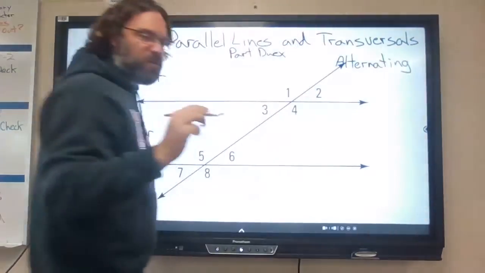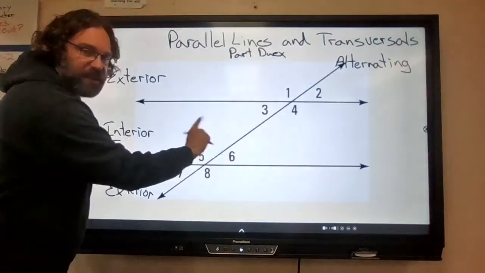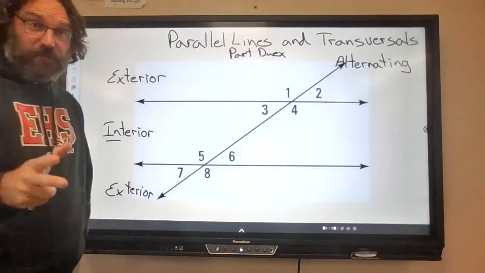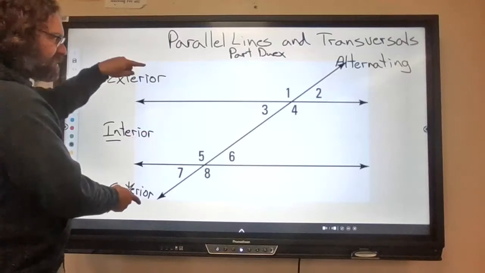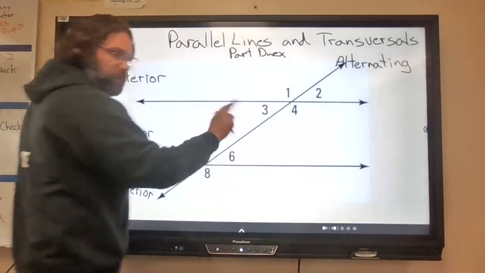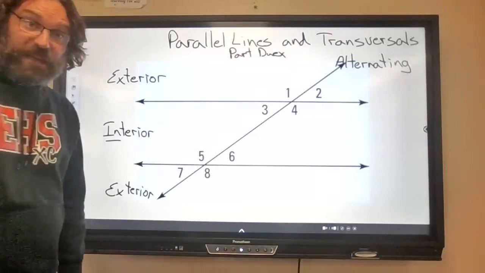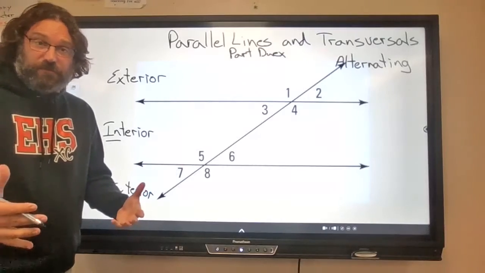Angles will be alternating if they're on different sides of that line. Interior, exterior, alternating means going back and forth across the transversal.